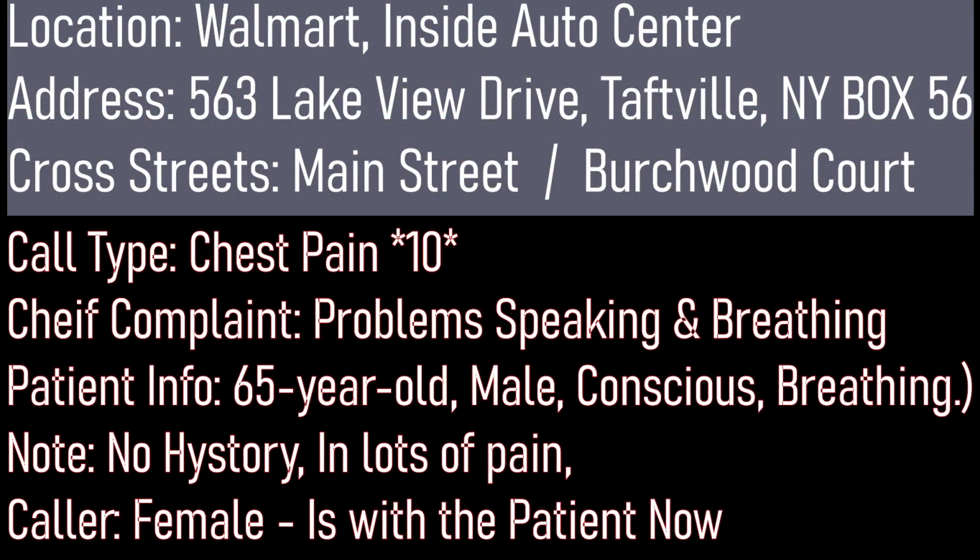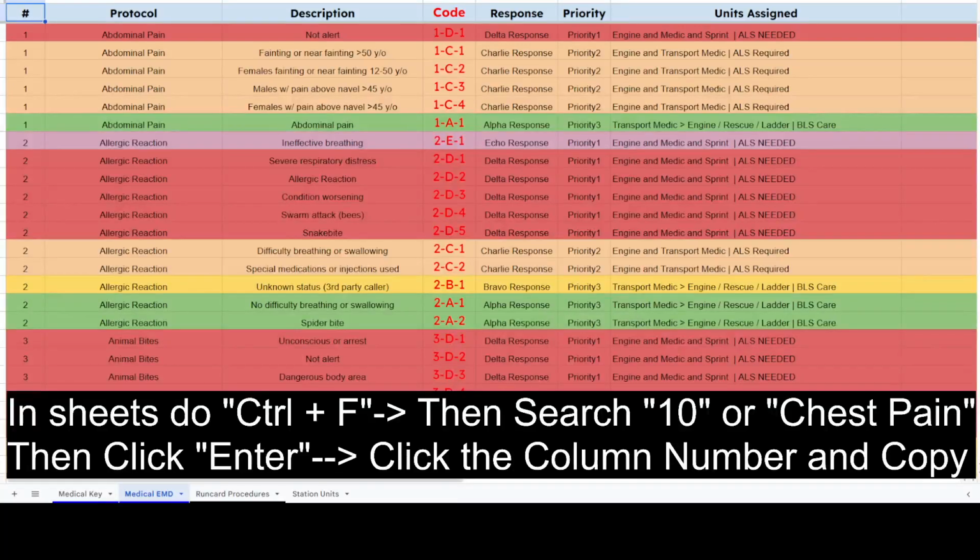In the case of our call example that we have here, we know that the call is a chest pain. If we go into our run cards, we can do the following command: Control F. Click the run card, Control F. That will bring up the Find in Sheets tab.